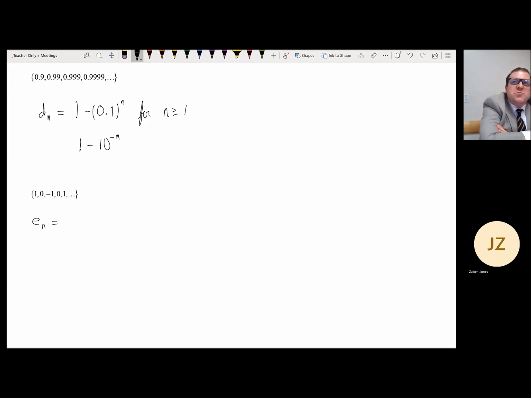We want n equals 1 to give us 1, n equals 2 to give us 0, n equals 3 to give us -1, n equals 4 to give us 0. So that's going to immediately pick either sine or cosine.